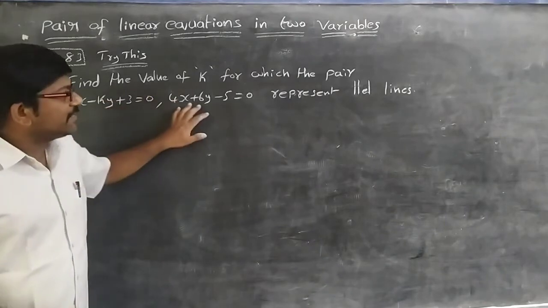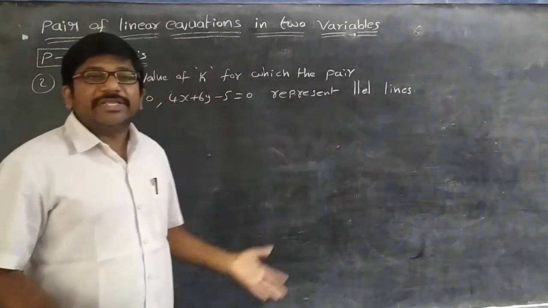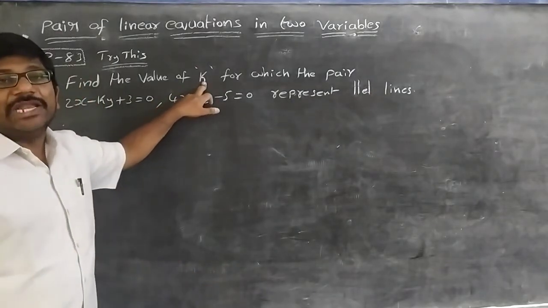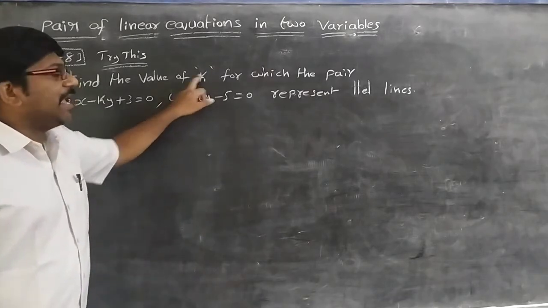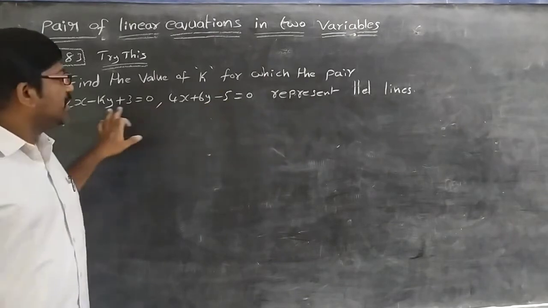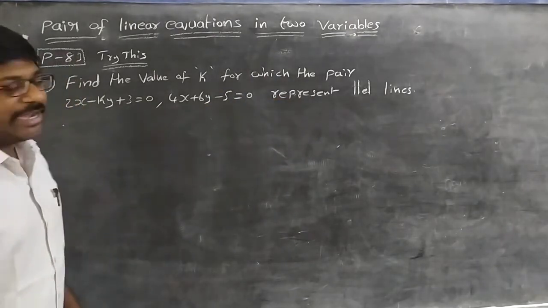If the pair is inconsistent, meaning parallel lines, meaning no solutions, then find the k value. So once again listen, for what value of k the pair is inconsistent, meaning the two lines represent parallel lines, right?